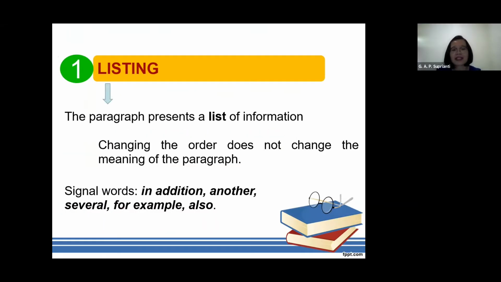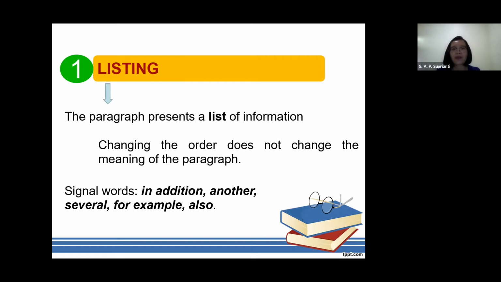From listing. A paragraph using the listing pattern of organization presents a list of information. So information 1, information 2, information 3, and so on.